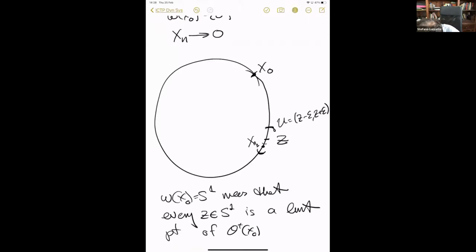Because you may imagine that x1 is equal to x naught plus b, and then I jump by b, and then I jump. So every step I'm jumping quite a bit, and I jump across this neighborhood, and then I keep going, and maybe every time I come close, I jump over it. And I'm saying no, it's impossible to jump across it. This is what we need to show: that for every point z and every epsilon, some point of the orbit falls inside there.